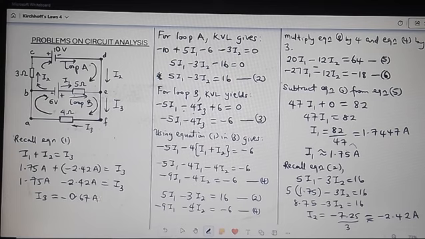So our currents, the values for our currents are I1 is equal to 1.75 ampere, I2 is minus 2.42 ampere, and I3 is minus 0.67 ampere.